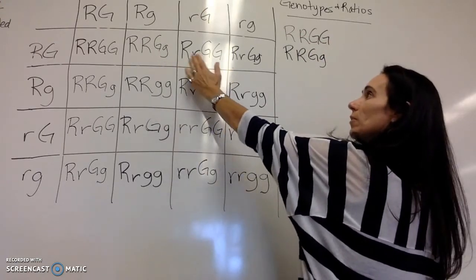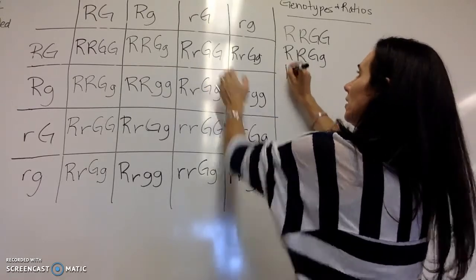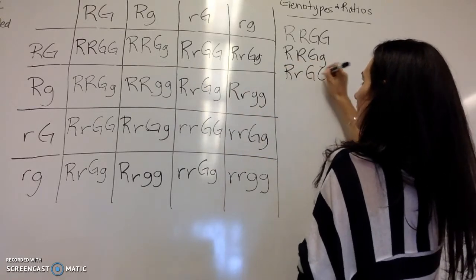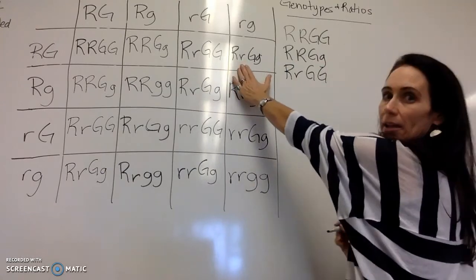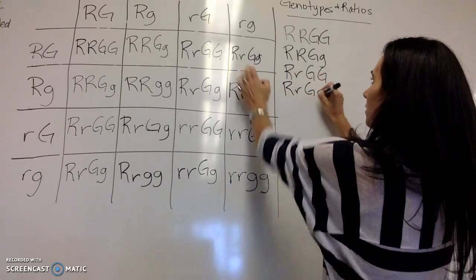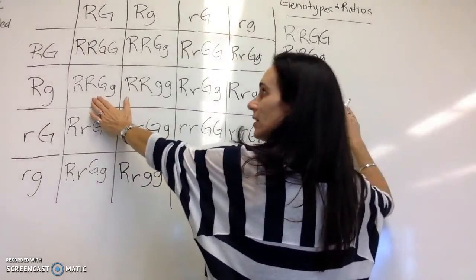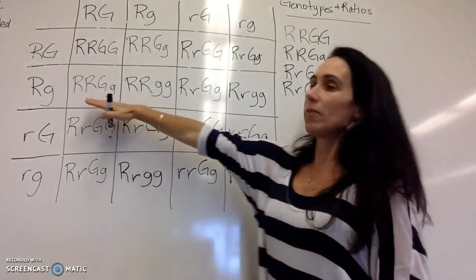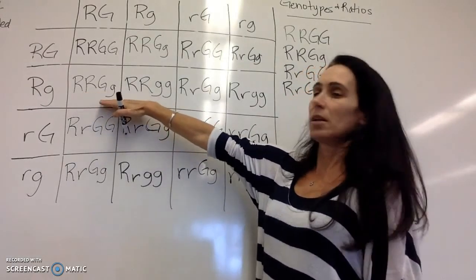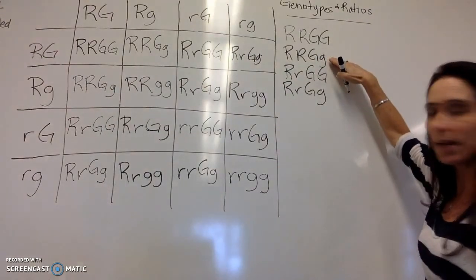Move on over here, we've got heterozygous dominant seed texture, homozygous dominant seed color, so that's a different one. And then here we've got heterozygous for both. Okay, so far 4 different ones. Now we move down to the second row, and we've got 2 big R's and a heterozygous. I've already got that one, so we don't need to write it again.